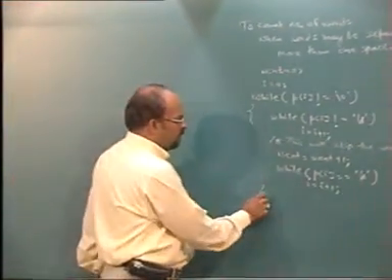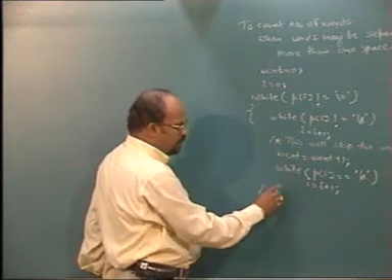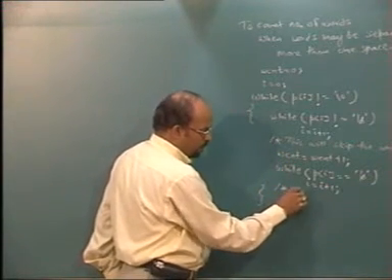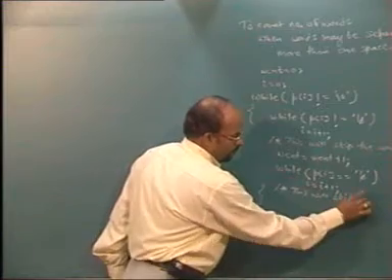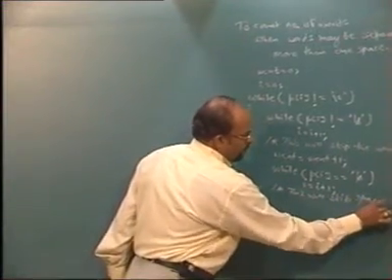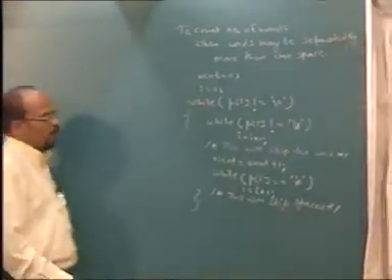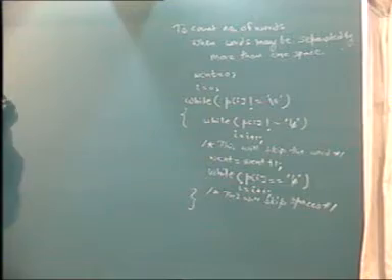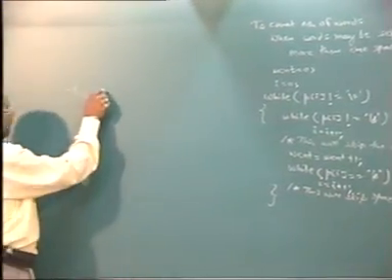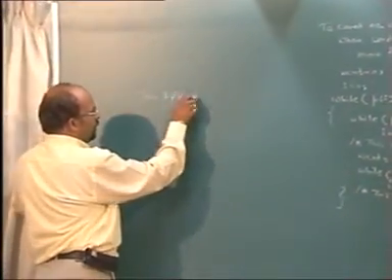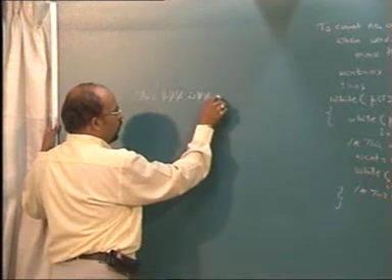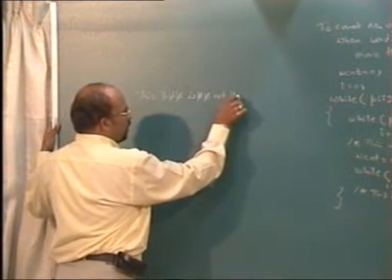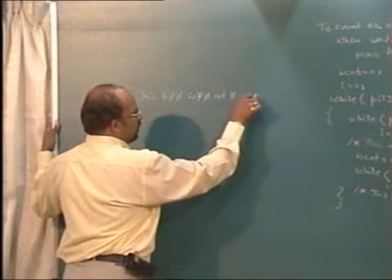So the first loop skips the word, this one will skip spaces. For example, this is not simple.